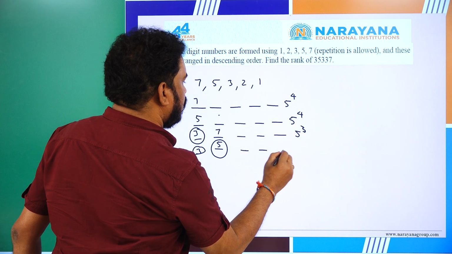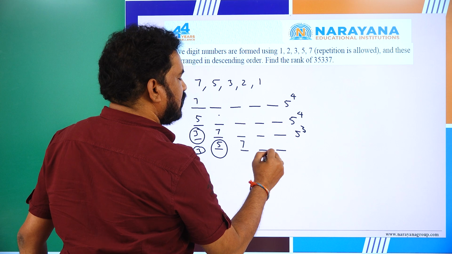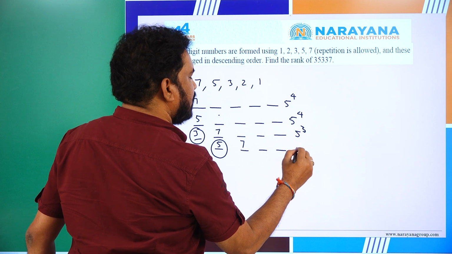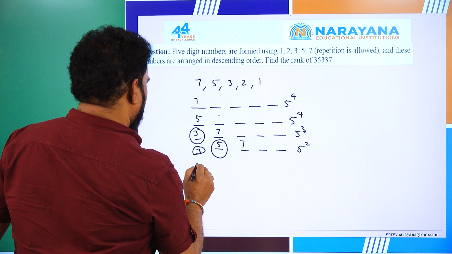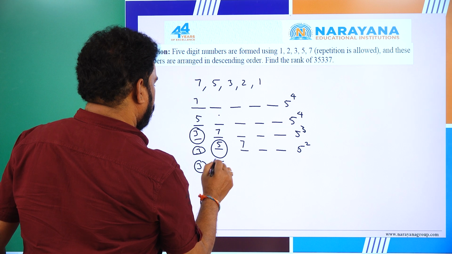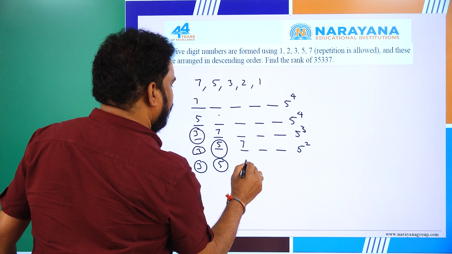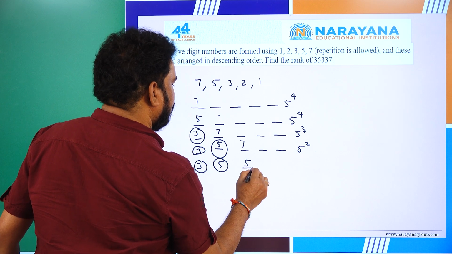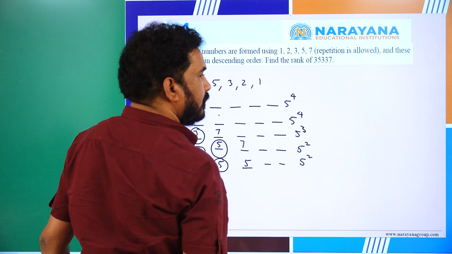So with 7, these 2 places can be filled in 5 into 5, 5 square ways. Next, we got 3, 5, 3, 5, these two are fixed. After 7, we need to start with 5 again. Again this is 5 square ways.